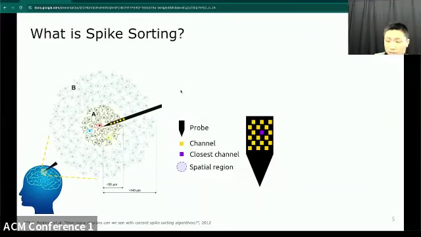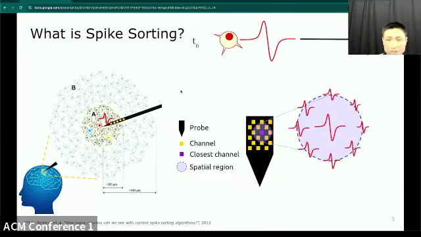Now, spike sorting is made difficult by the noisy environment of a brain and the problem of superposition. To demonstrate this, let's say this red neuron communicates to another one, and we pick this up on this purple channel and its neighbors. We actually see voltage variations in the circle of channels where the spike shows up, and this is actually very helpful because it gives you spatial and temporal data points.